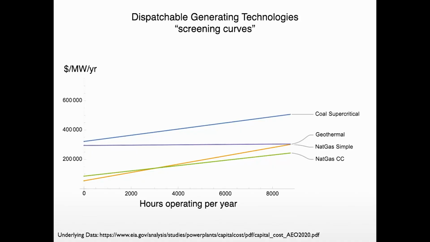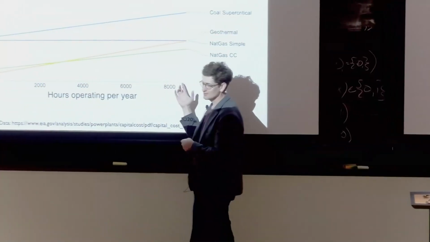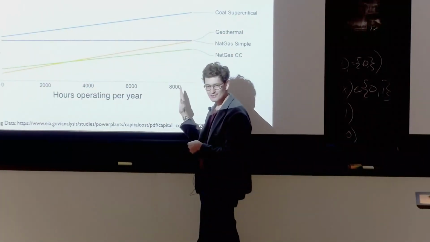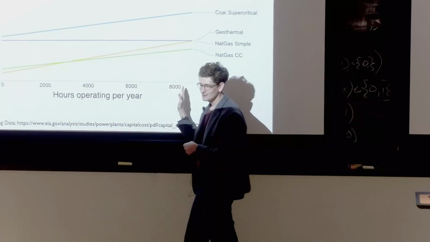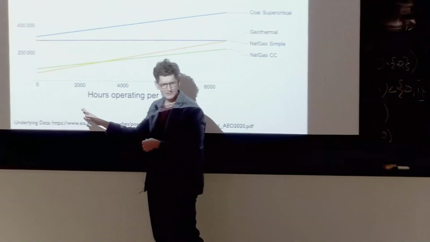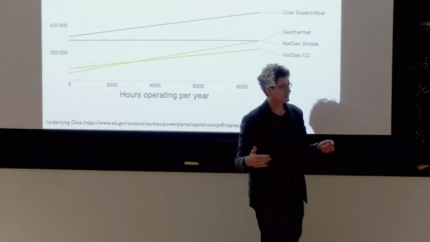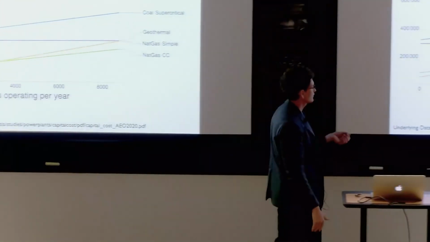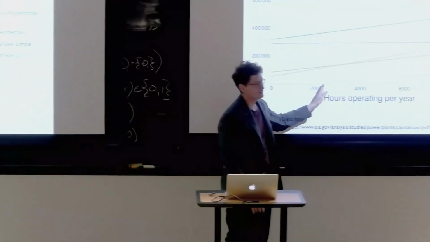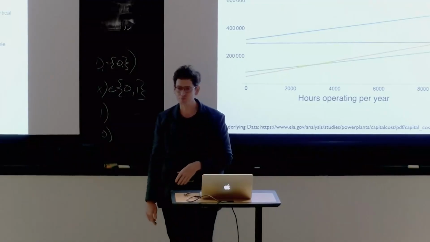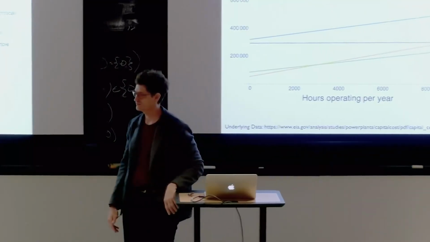The x-axis is in hours per year, and there are 8,760 hours in a year. So this is, if you will, a measure of capacity factor. Does that make sense? What fraction of the time the plant operates? So if it operates for 2,000 hours a year, it's roughly 20% capacity factor, something like that.